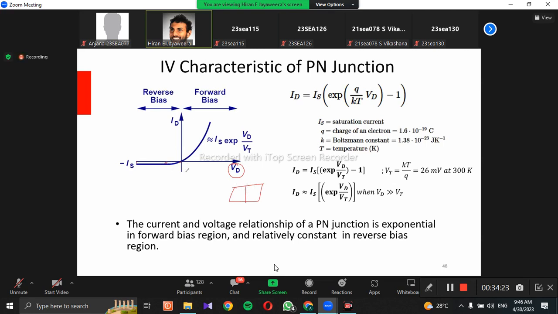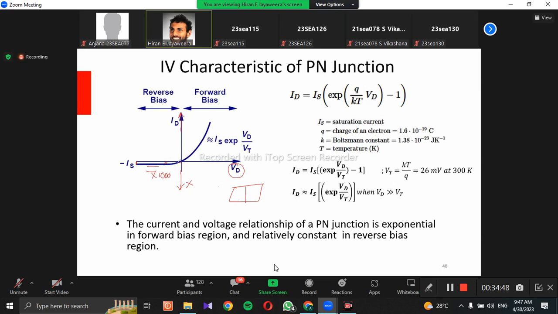When we plot this curve, this axis is not exactly like the positive side. The negative side is magnified 1,000 times, so that is why you see a small amount of current. Otherwise, this is almost zero. This current is called leakage current, and it's almost zero.